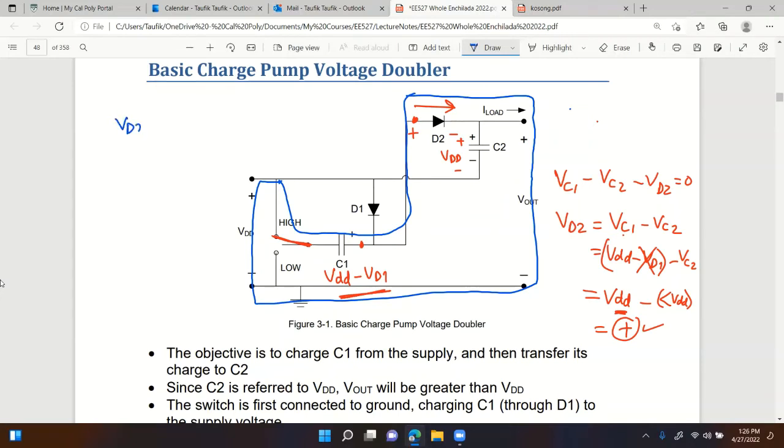So starting from VD2, plus minus, and then I have plus V out, plus minus, and then I have minus plus, minus VDD, and then I have minus plus again, minus VC1, and that's it. Equals 0. And we know at this point VC1 is roughly equal to VDD.